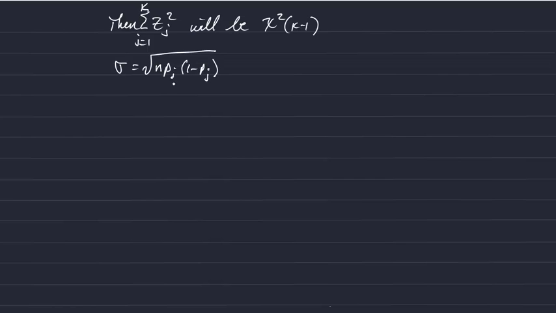So in general, it will depend on the probability of each bin. And for small p, this is about equal to n p_j, and that's equal to the square root of E_j.